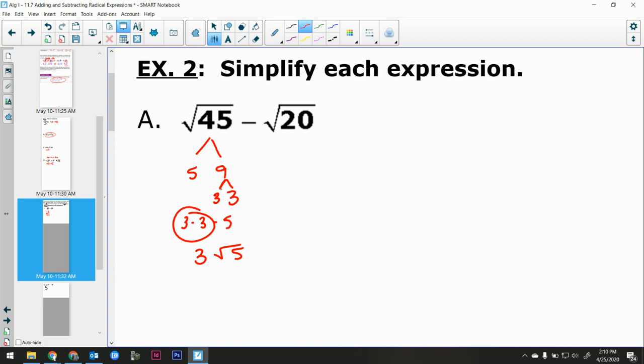So the radicand is no longer a 45, but a 5. Well, what's 20? That's 2 and 10 and 2 and 5. So that gets me 2 times 2 times 5, or 2 radical 5. Watch out, don't forget to bring the sign down. That's a minus sign. And look, I have like radical terms. Even though they didn't look like radical terms, they are radical terms in the end. So 3 radical 5 minus 2 radical 5 is 1 radical 5. Okay, and there it is.